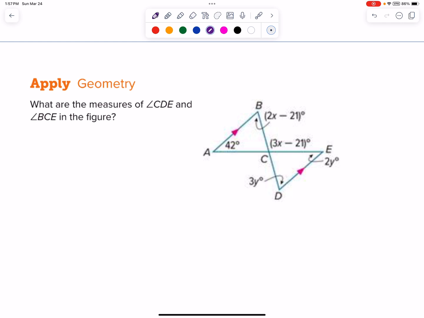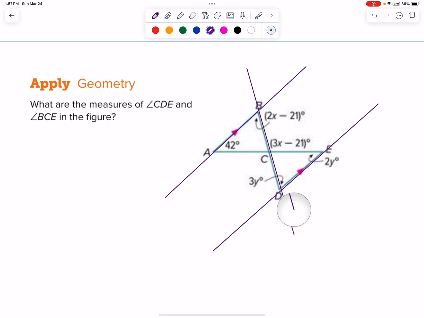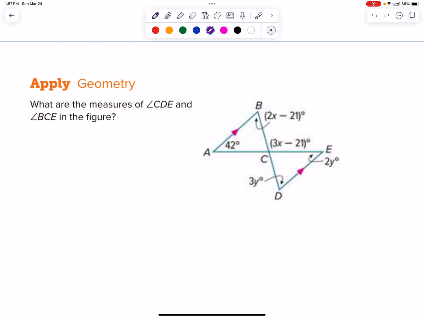They're bringing back some other stuff. Take a look at this. We have parallel lines, okay, and they are intersecting with transversals, okay? So you've seen that image before, right? It just looks a little bit different.